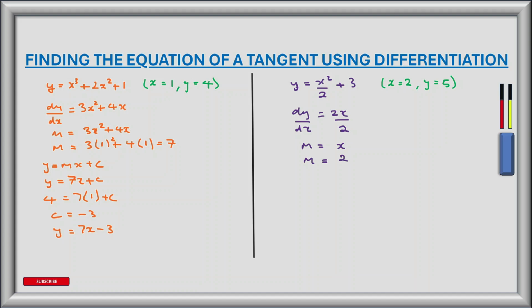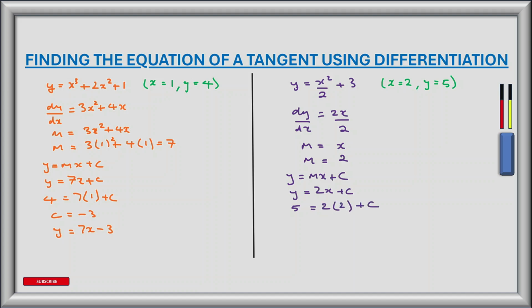Putting this into the equation of our line, y equals mx plus c, we get y is equal to 2x plus c. Our coordinates are x is 2 and y is 5. We can use these to solve this equation for our constant c. So 5 equals 2 multiplied by 2 plus constant c.